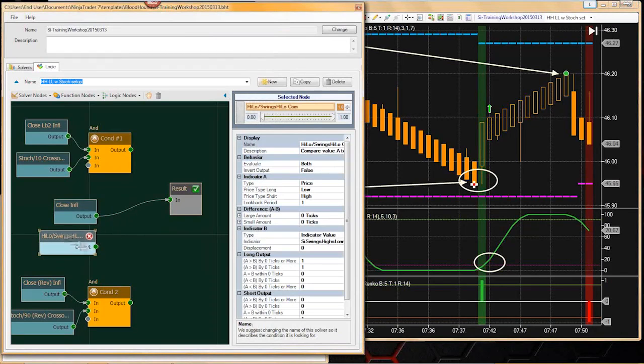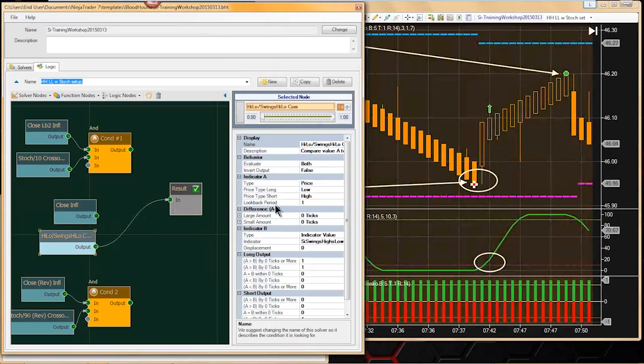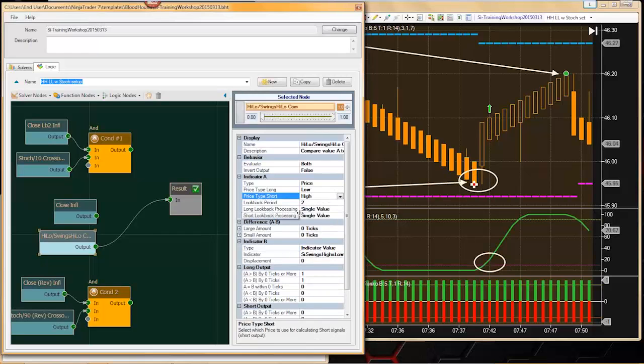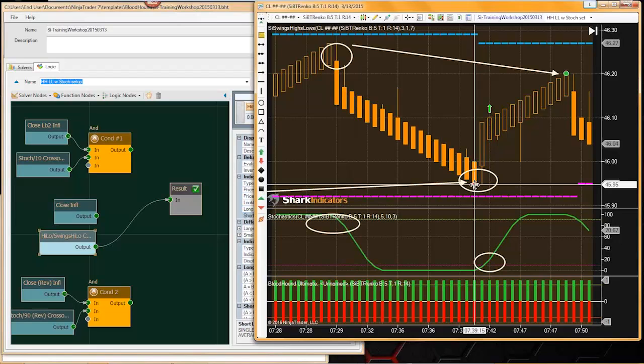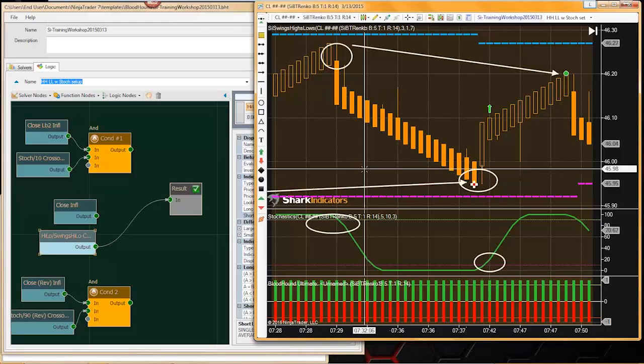So I need to set the comparison solver up to also be looking at the low price one bar back because of that. So I'm going to set the look back period to 2, and we're going to be using a look back processing of the single value. So we just want to look at just the value of that low price one bar back.